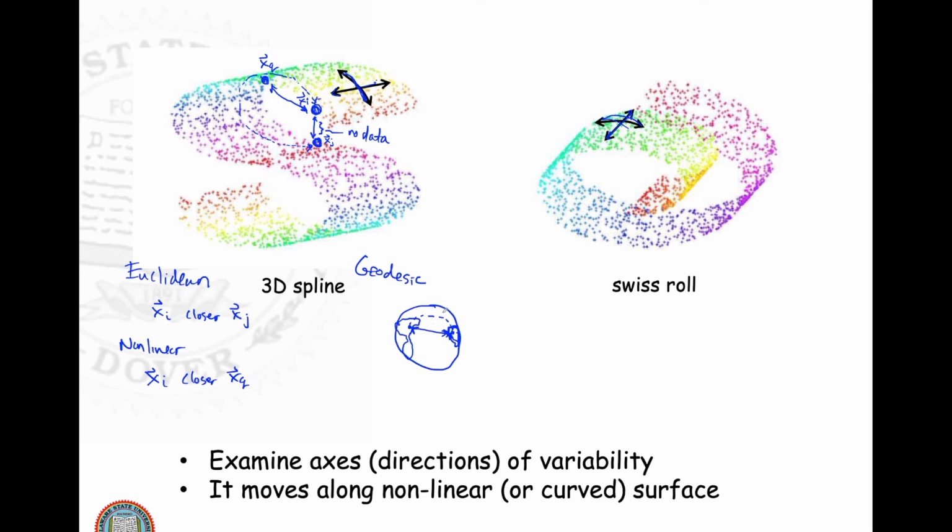And so this geodesic distance moves along the nonlinear or curved surface. For nonlinear data, arrangements of data on a nonlinear manifold, it represents a much better, more accurate measurement when you're drawing comparisons between points in feature space.